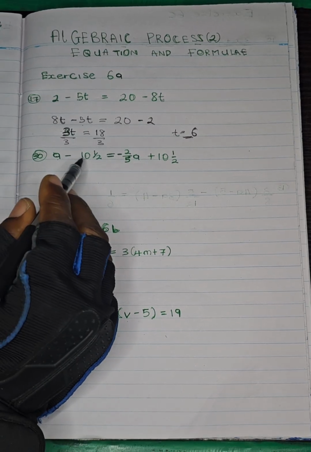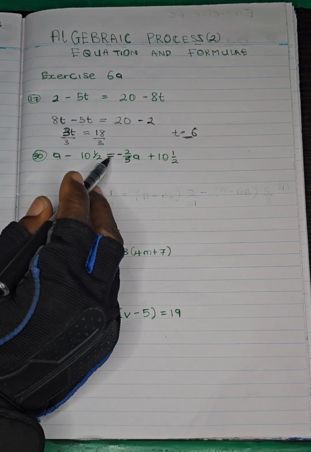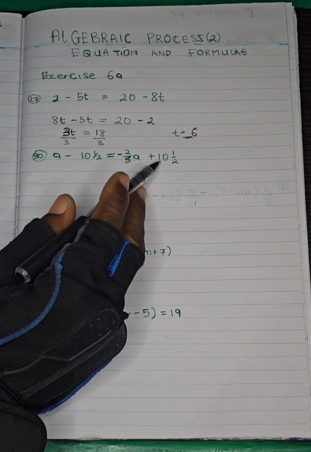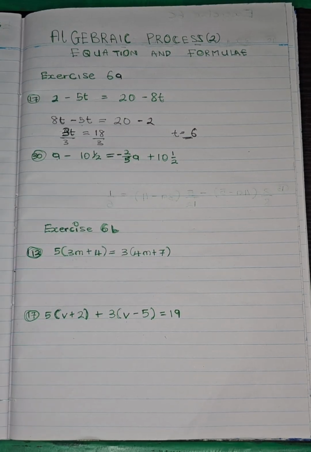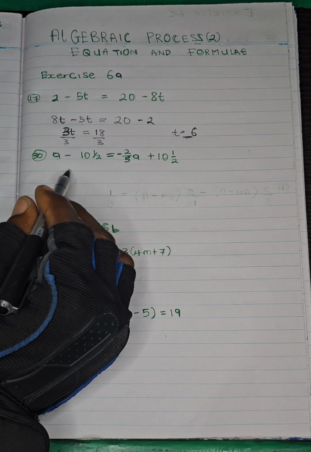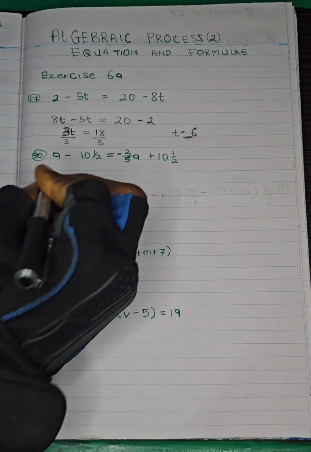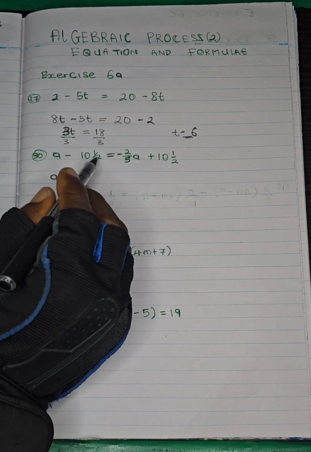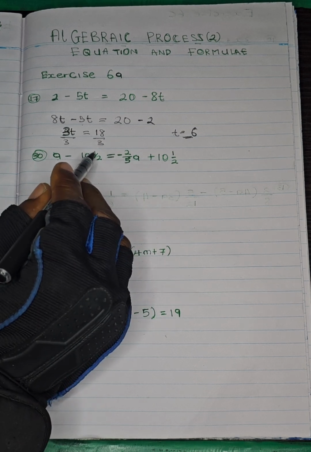We have minus 10 and a half is equal to minus 2 over 5a plus 10 and a half. That's number 30. So the first thing we are going to do, it is always good when you are solving for things like this, is to leave it as an improper fraction. So let's rewrite this. We change this to an improper fraction: 2 multiplied by 10 plus the numerator.